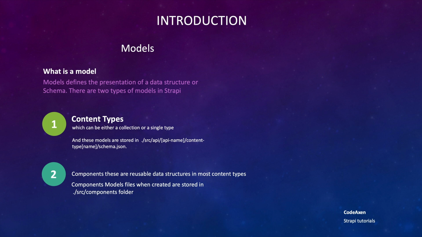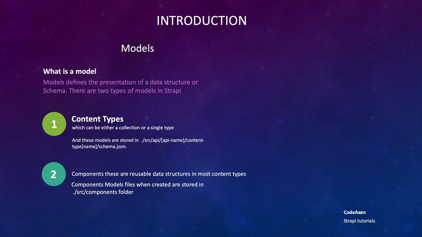And these models are stored in src, api, then the API name and content type name. Then you can find our schema.json file. Components are stored in the src components folder.